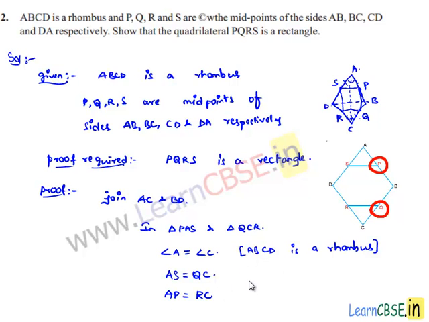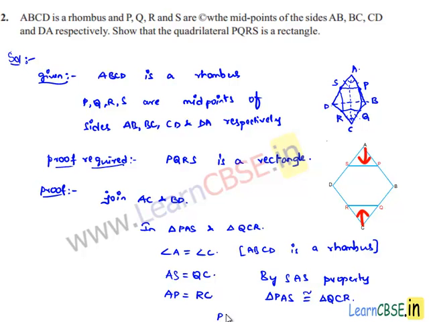Now here in both the triangles, two corresponding sides and an included angle in between them is equal. So by SAS property we can say that triangle PAS is congruent to triangle QCR. When two triangles are congruent, we can say the corresponding sides and corresponding angles can be equated. So here let us equate PS is equal to QR.